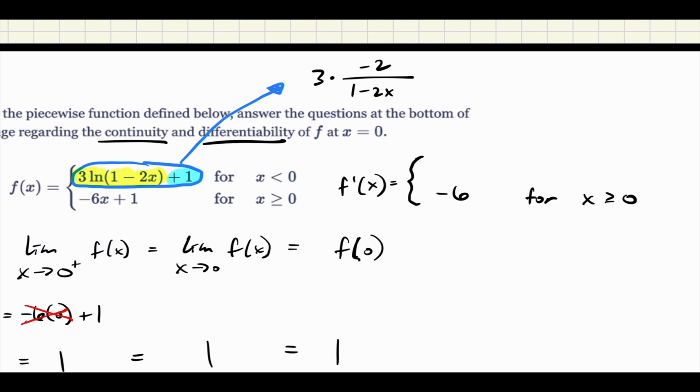That's the derivative of the yellow. What is the derivative of plus 1? 0. Yeah. So let me simplify this a little bit. We get negative 6 over 1 minus 2x, and that goes down here for x less than 0. Okay, so that's the derivative.